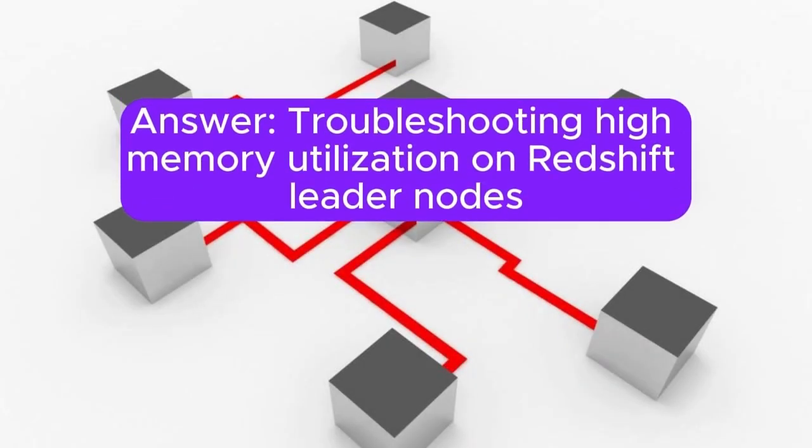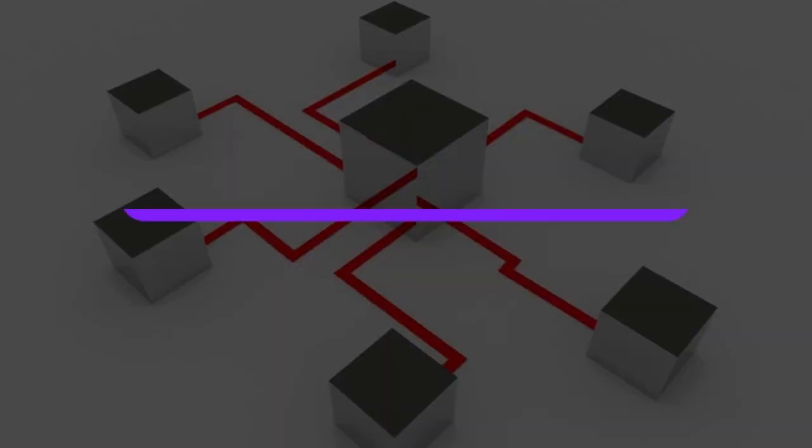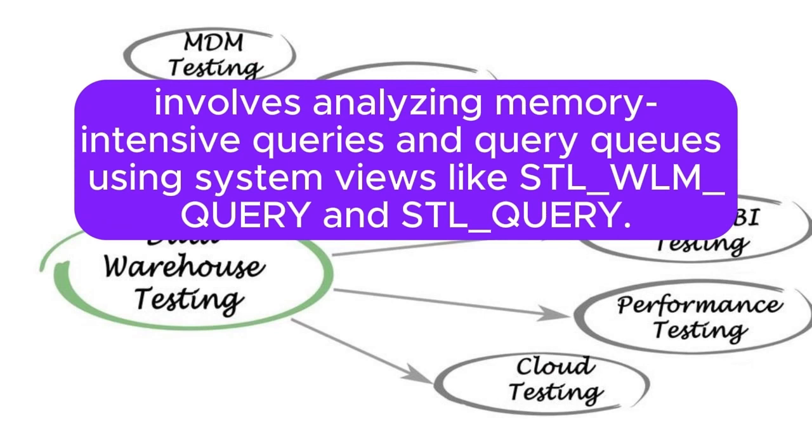Answer: troubleshooting high memory utilization on Redshift leader nodes involves analyzing memory-intensive queries and query queues using system views like STL_WLM_QUERY and STL_QUERY.